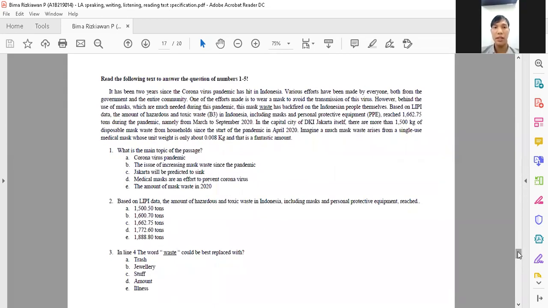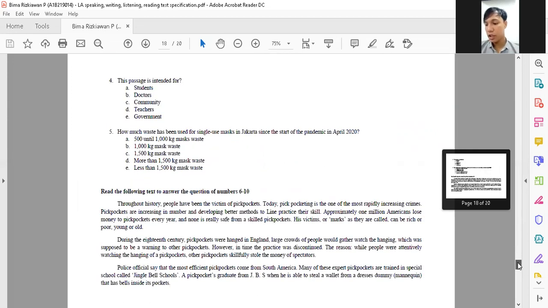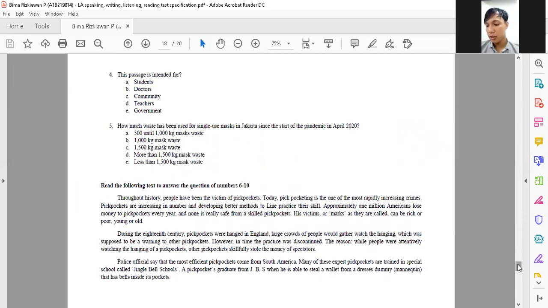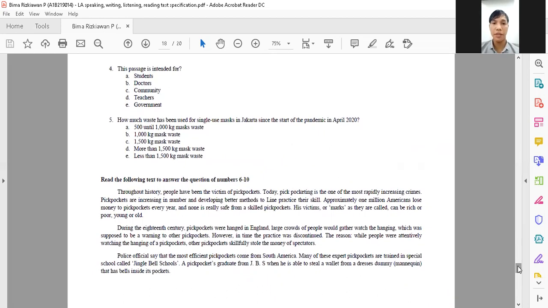This is the question of number 1 until 5. Include to define the topic and define the purpose and passage.